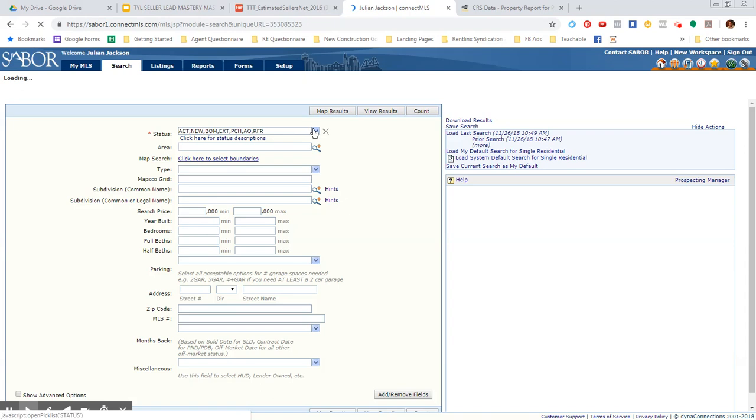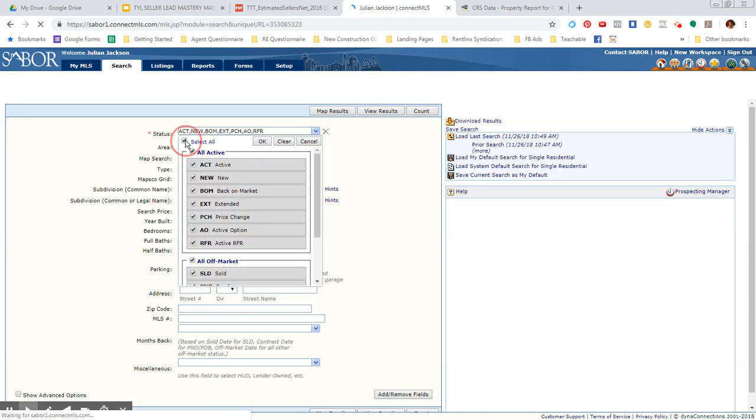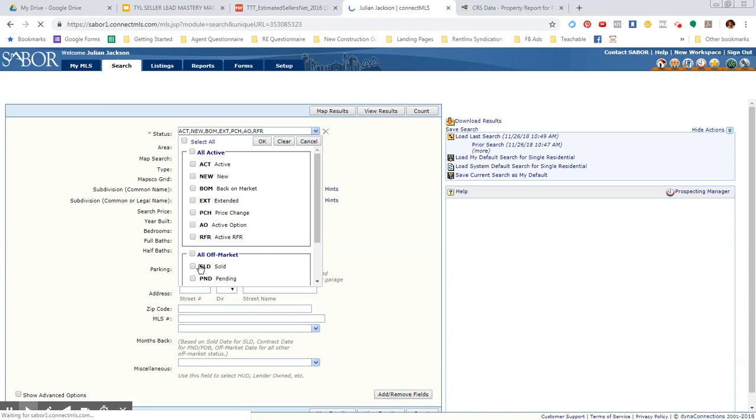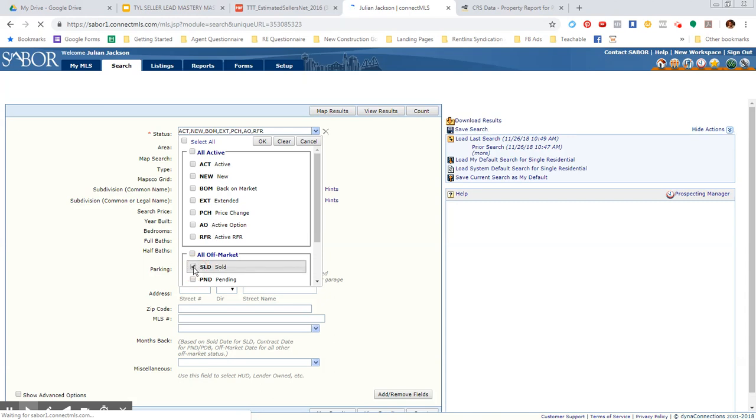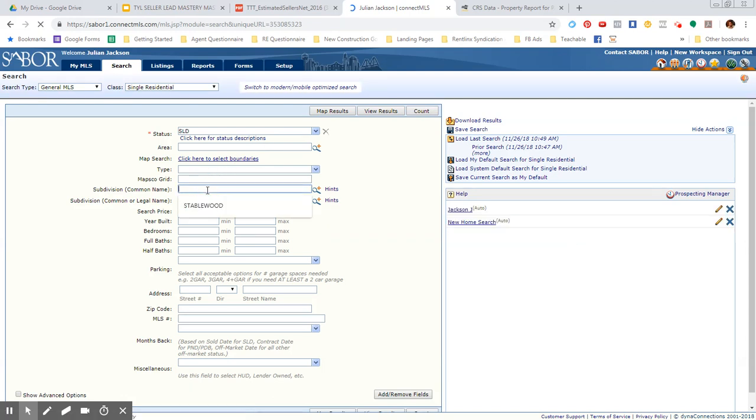And so from here, at least using our system, I just go to select all, then unselect, check off all the sold properties, hit OK. Then I want to go into the subdivision common name.